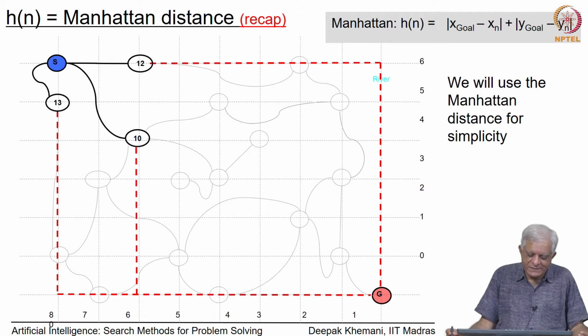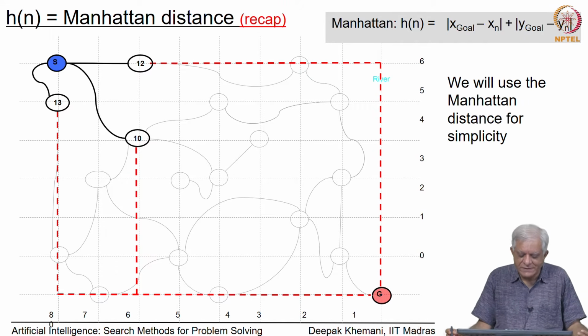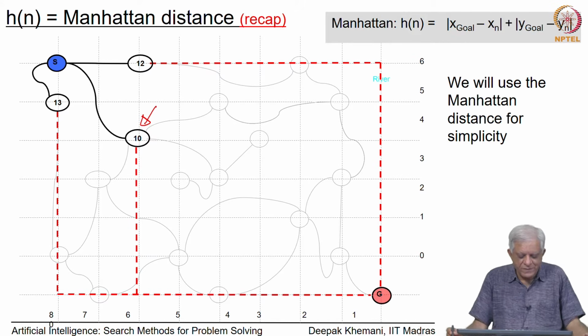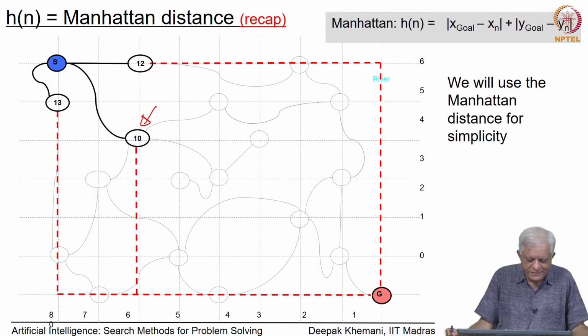The Euclidean distance and the Manhattan distance both give us estimates in some manner without looking at the graph, only looking at the coordinates of the two nodes. And you can see that even in the Manhattan distance case, this same node, whose Manhattan distance is now 10, appears to be closest to the goal node. In this graph that I have drawn, the distances are in units of 1, unlike in the example that we are looking at, where they are units of 10.